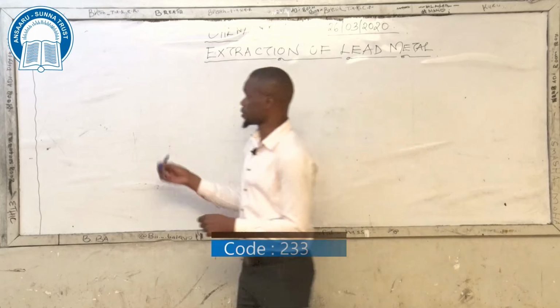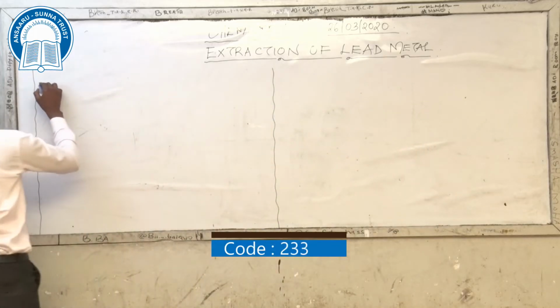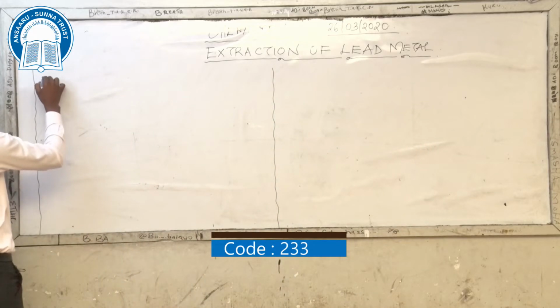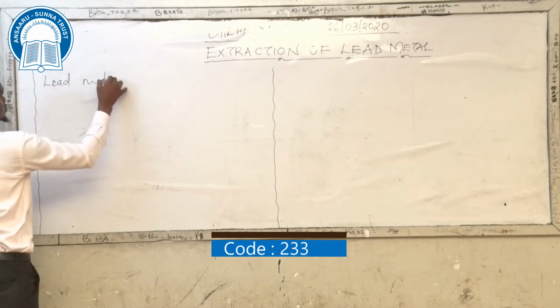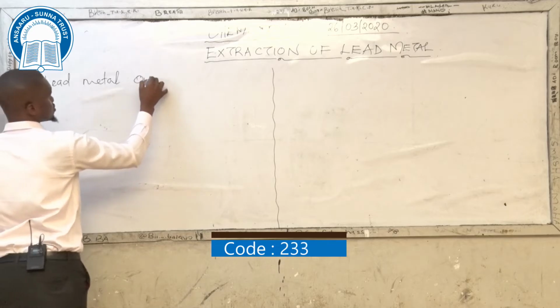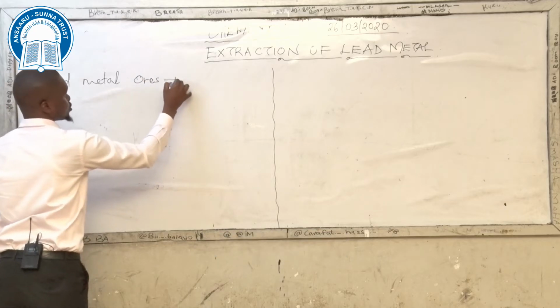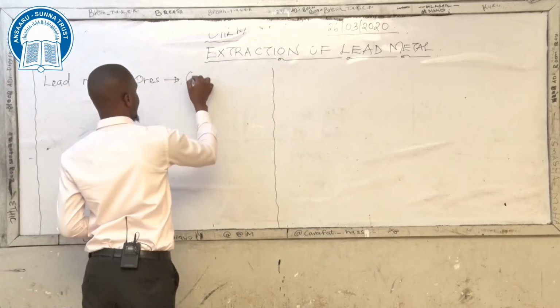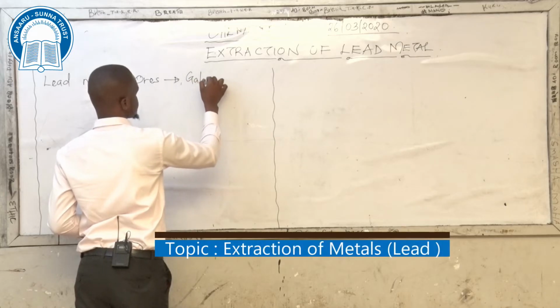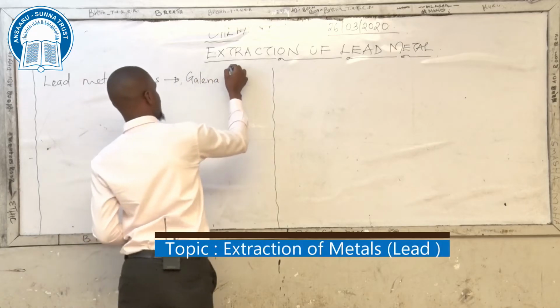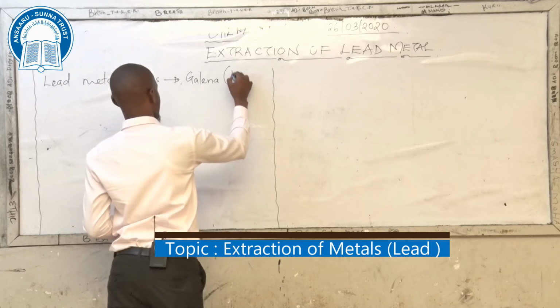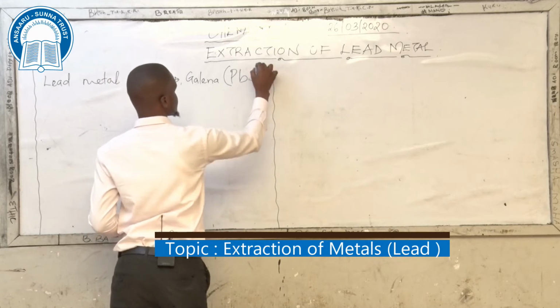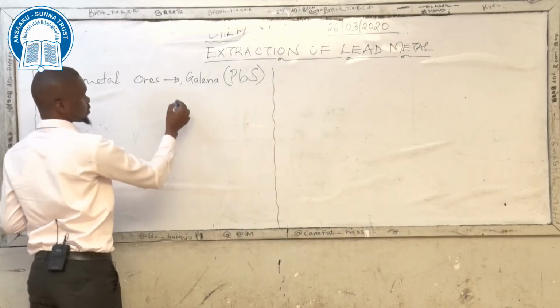Lead metal ores include galena, which contains mainly lead sulfide as the main constituent in it.